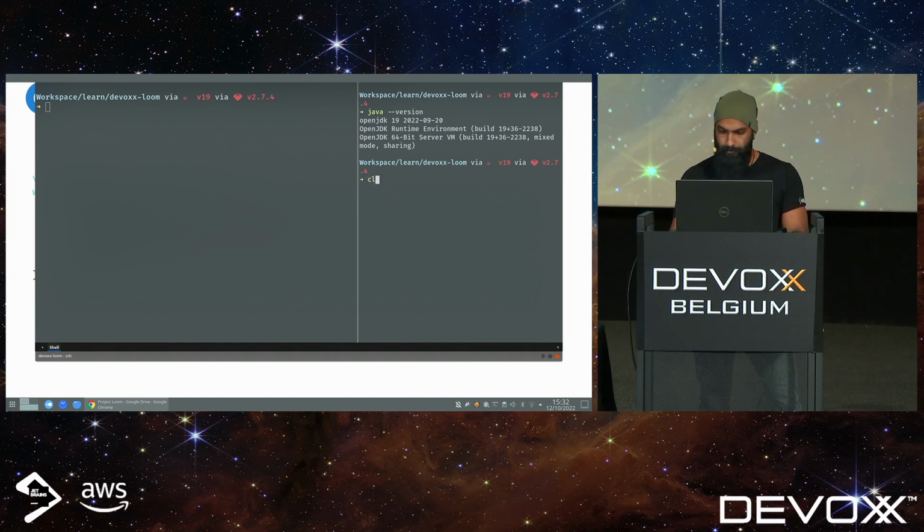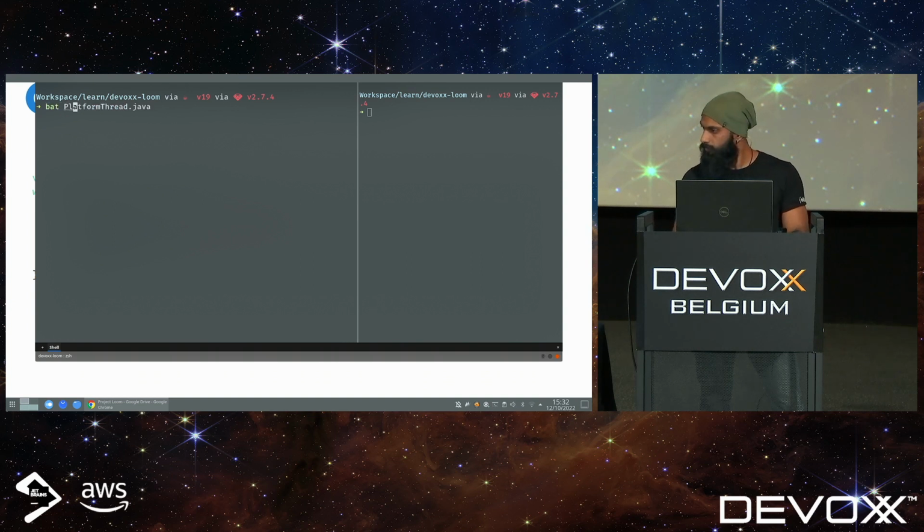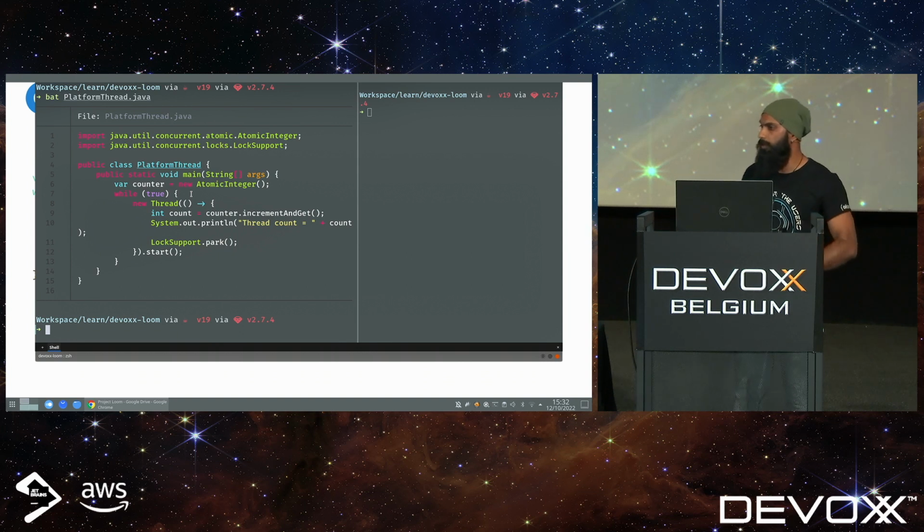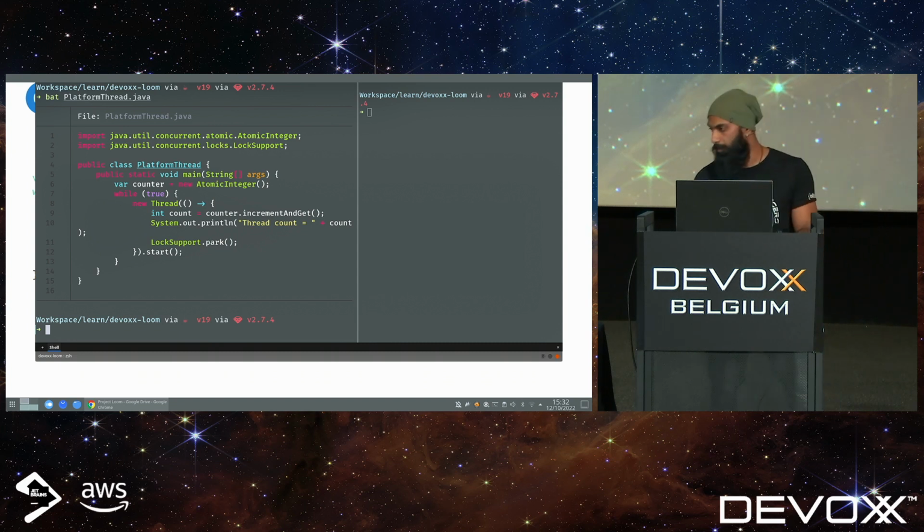Okay, so let's look at the code first. This is using the current platform thread. We are just creating a thread and parking it. That's it. So let's see how many threads we can create and park. So let's run this.